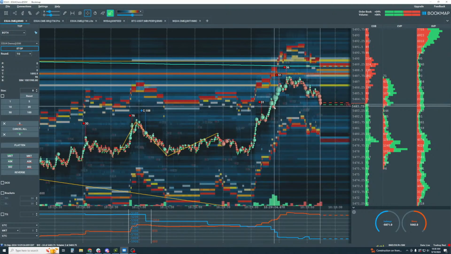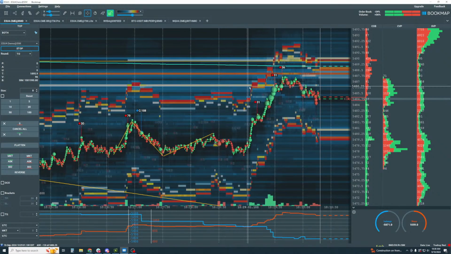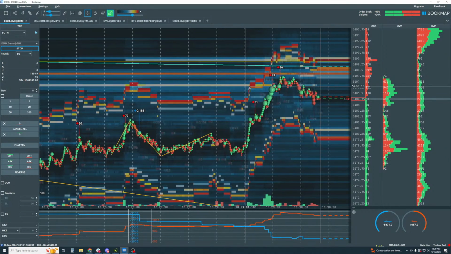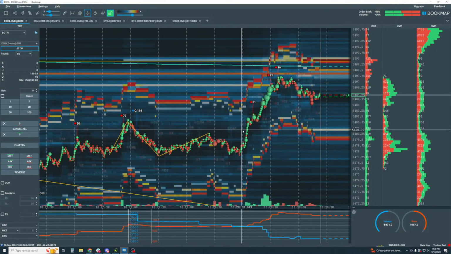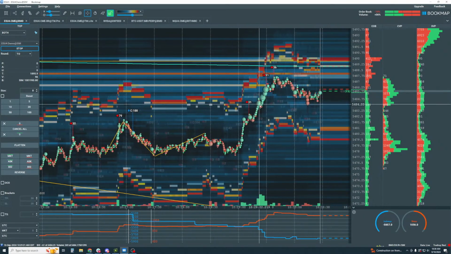We're still trending here to the upside on this time frame. This is just a pullback right now.